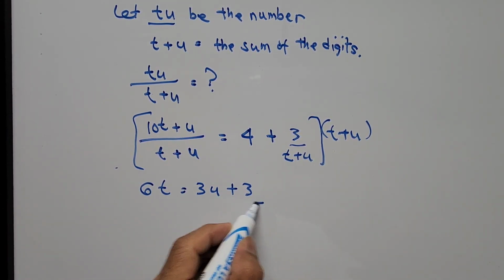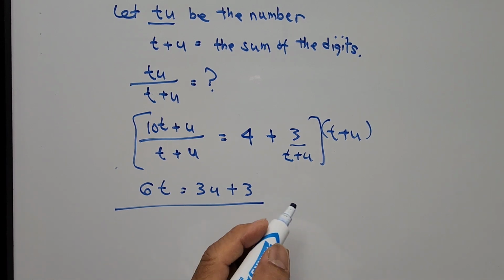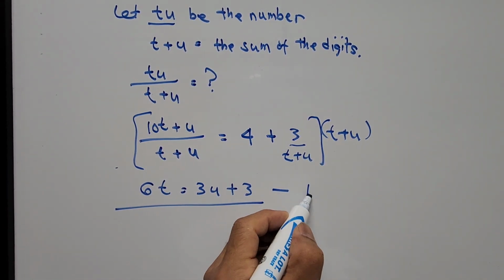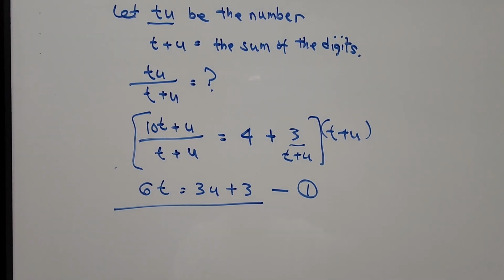So this is the simplified form. Okay, so we name this our equation 1. Since we have two variables, t and u, right? So we need at least 2 equations to solve the number, right? So we should need another equation, right?